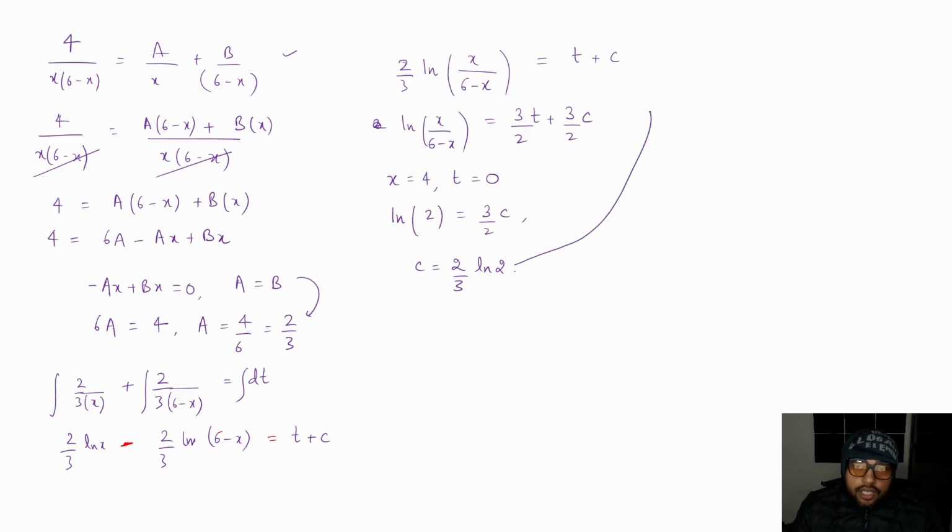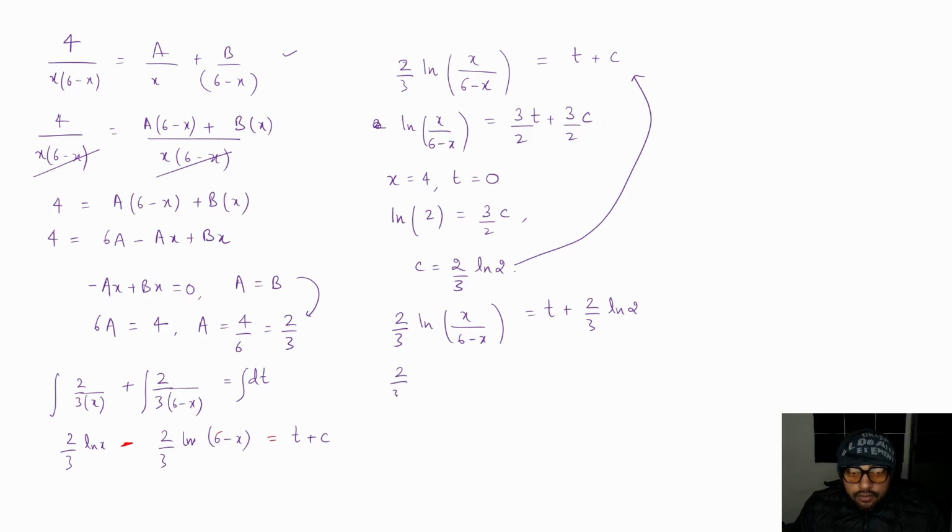Now we can insert this value here. So we'll get 2 by 3 log of x by 6 negative of x equals t plus 2 by 3 log of 2. Again, we'll take 2 by 3 log of 2 to the left hand side.